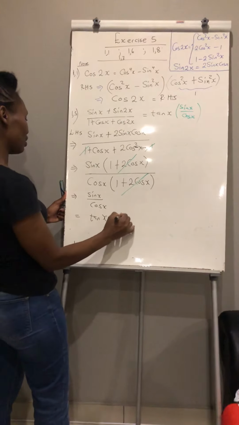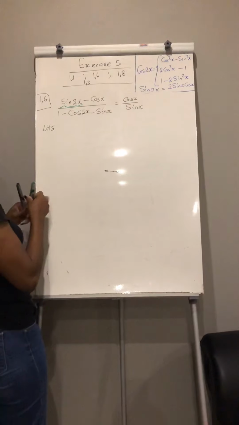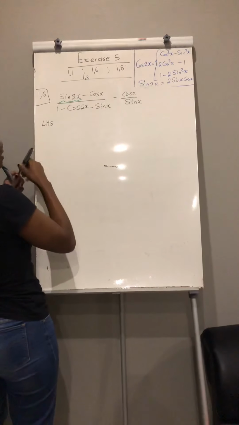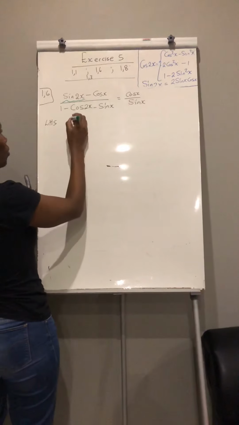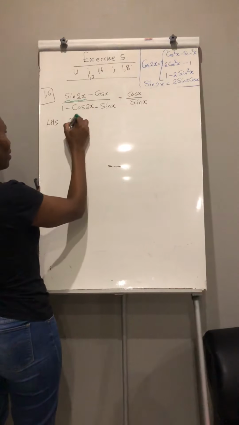So here is what we're going to do in this situation. Again, I'll take the left hand side. The custom is you have to rewrite it again, but because of space and time, we have to just quickly simplify. Please, sine 2x. That's the easiest guy to handle. Sine 2x is all the time 2 sine x cos x. No stress.